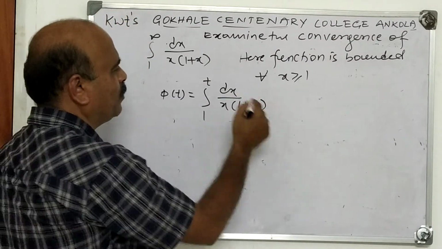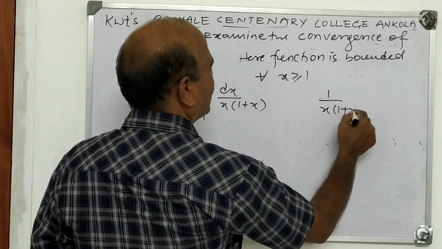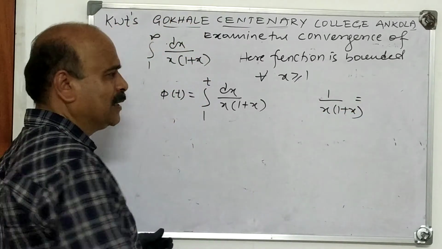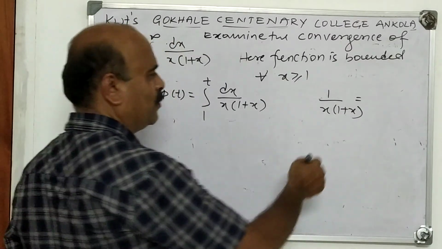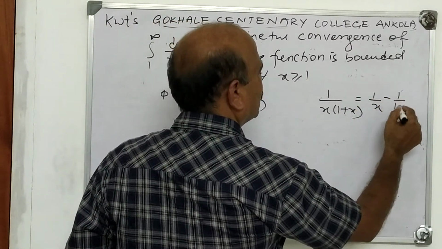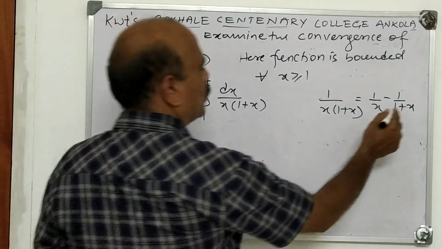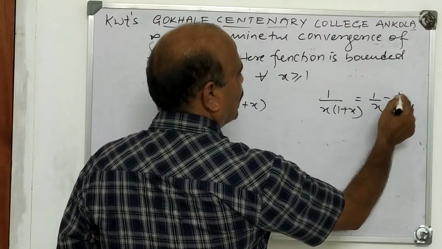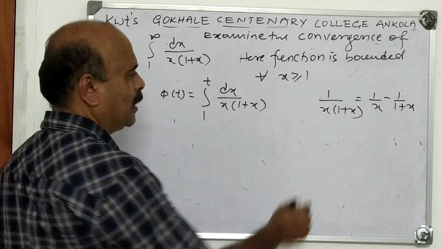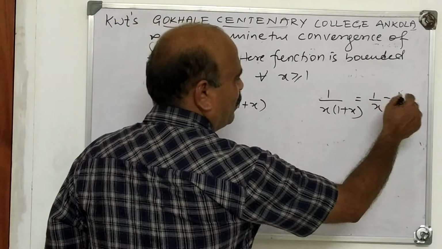Now to find the primitive we use partial fractions, and 1 upon x into (1 plus x) is easy to resolve into partial fractions. You can easily write this as 1 upon x minus 1 upon (1 plus x), because 1 plus x minus x cancels. Am I right here? You need not take A by x, B by 1 plus x.